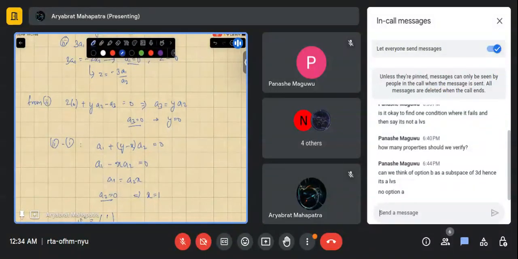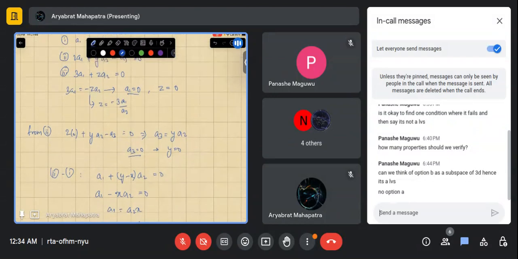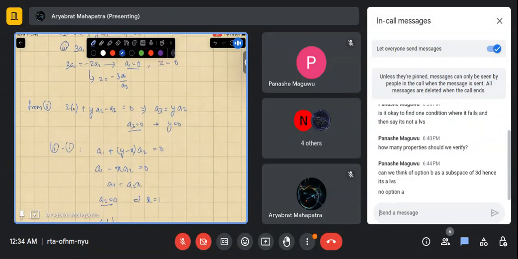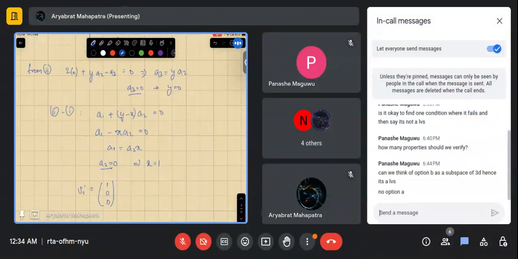The condition that we found, or we were imposing, was A2, A3, and A1 individually going to 0. That gives you some form of XYZ vectors, the XYZ components of that vector. Here we found that it is 100. Similarly, you can construct many other vectors.